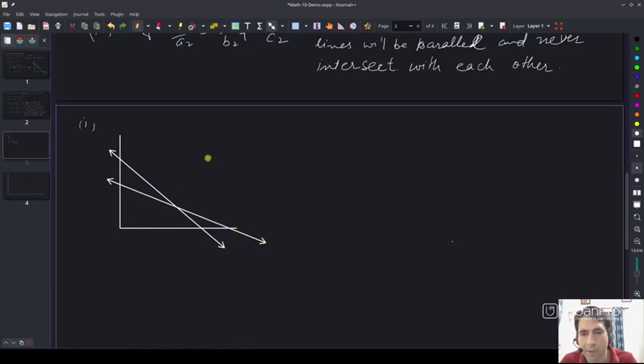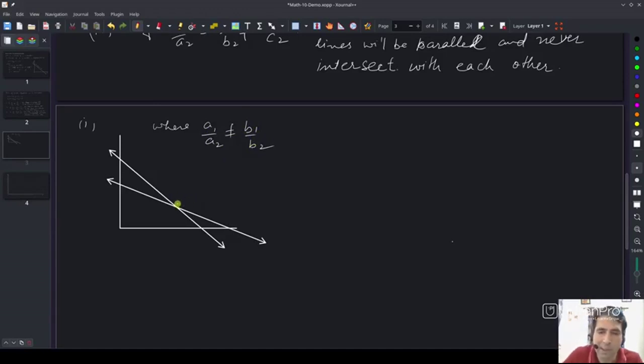They intersect when a1 by a2 is not equal to b1 by b2.